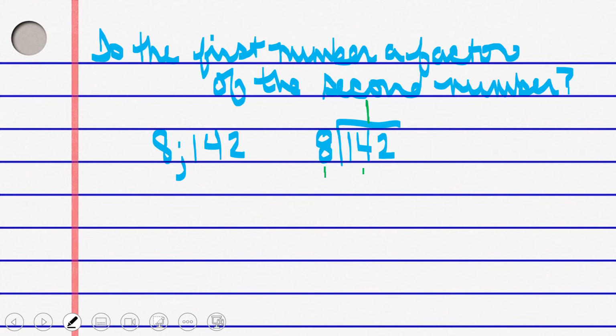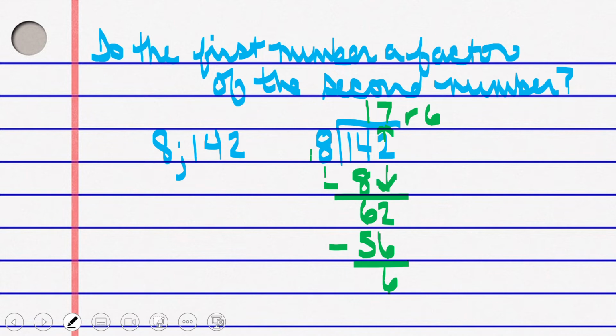1 times 8 is 8. 14 minus 8 is 6. Bring down, work above. So we're going to bring down our 2. 8 into 62 goes 7 times. 7 times 8 is 56. Subtract it. That is a remainder of 6. That is not a remainder of 0.